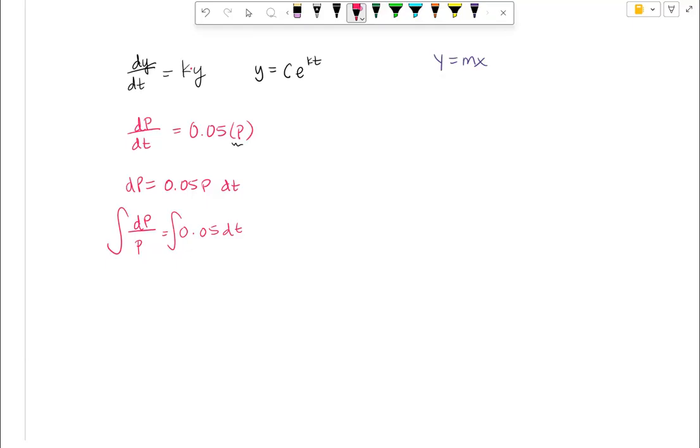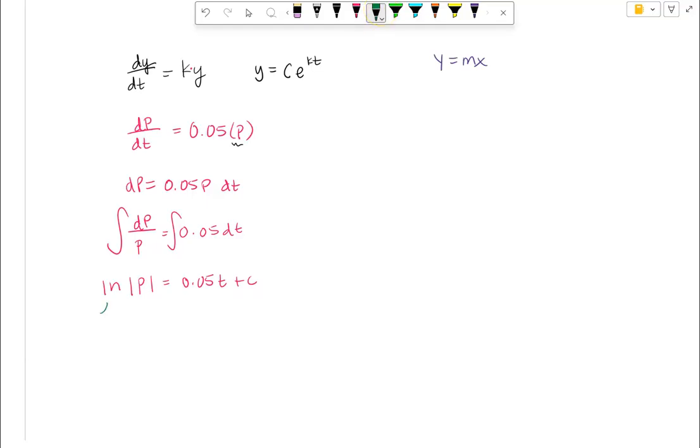We are now going to integrate. When we integrate this, on the left we're going to get the natural log of the absolute value of P, and on the right we're going to get 0.05t plus some constant C, our constant of integration.